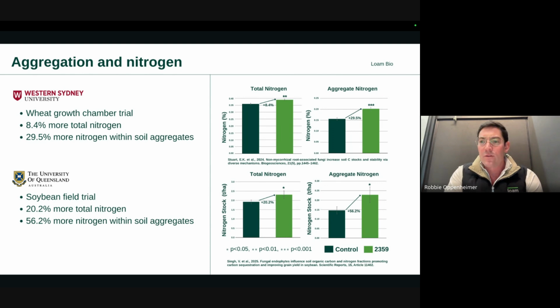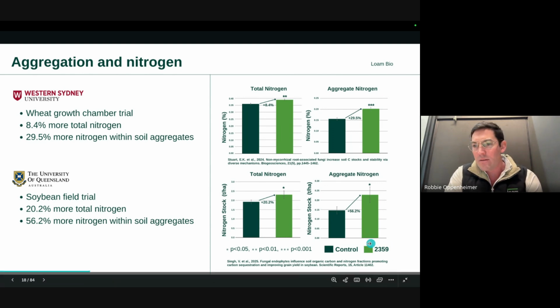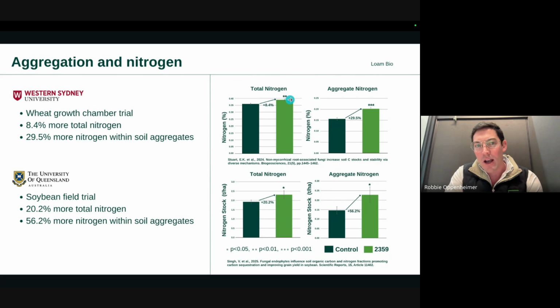In this case, for 2359, which is the active ingredient in our CarbonBuilder wheat product, they saw at the end of the trial 8.4% higher total nitrogen in the pots that had been treated with 2359. And interestingly, they saw 29.5% higher nitrogen in the soil aggregates.